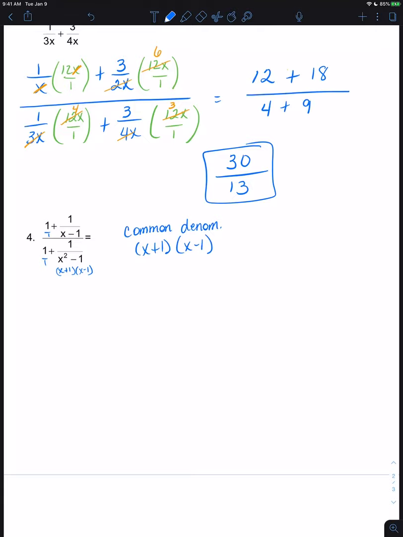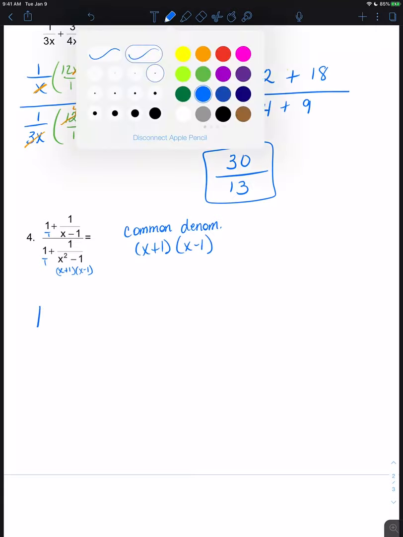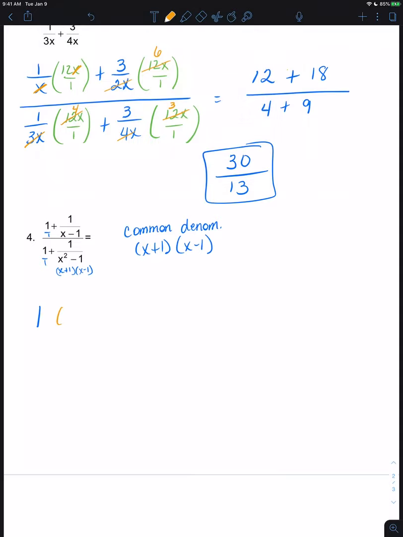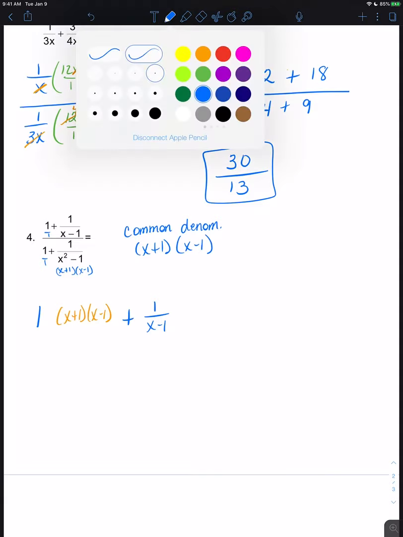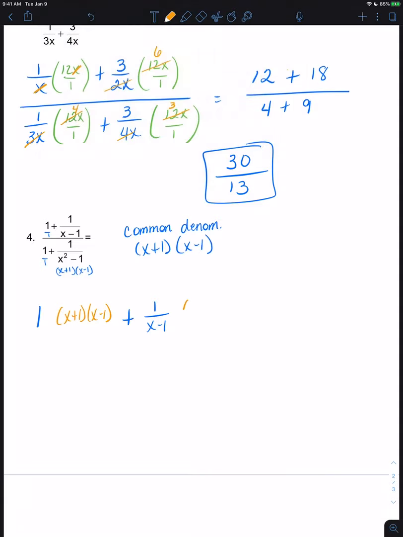All right, so we've got our 1. We're going to multiply it by our common denominator, x plus 1, x minus 1, plus the 1 over x minus 1 is going to get multiplied by x plus 1, x minus 1. Remember, that's always over 1, as is all this.